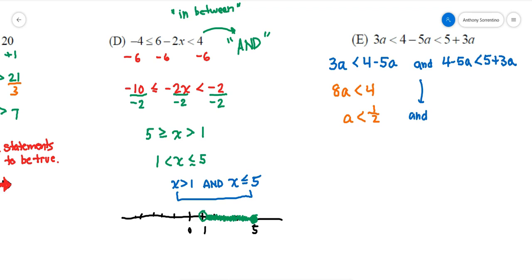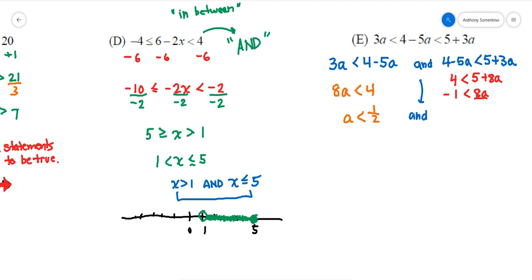For the next one, I'm going to add 5a to both sides. I'm going to have 4 is less than 5 plus 8a. Subtracting 5 from both sides, we're going to have negative 1 is less than 8a.